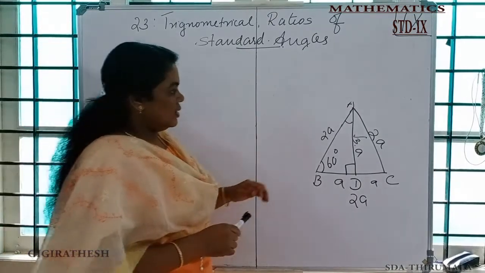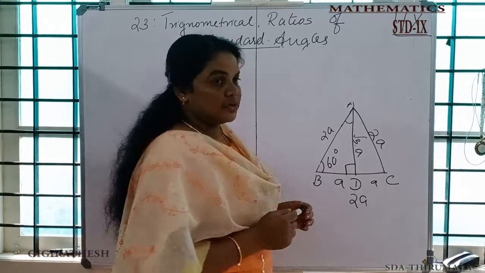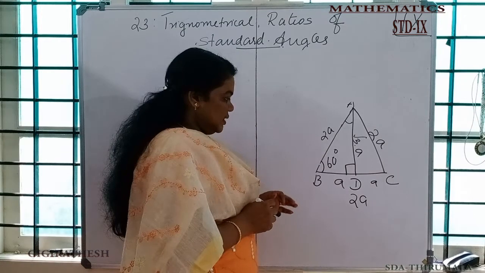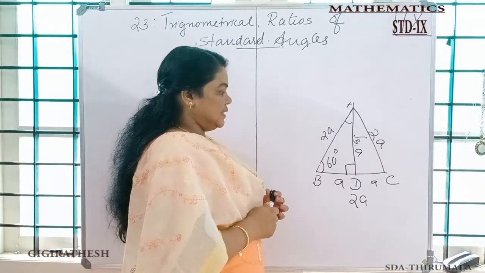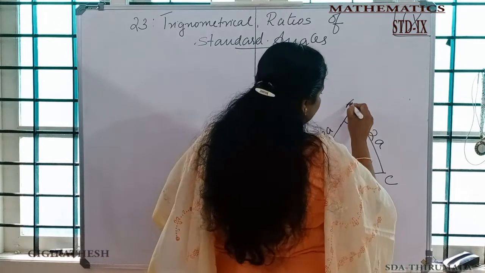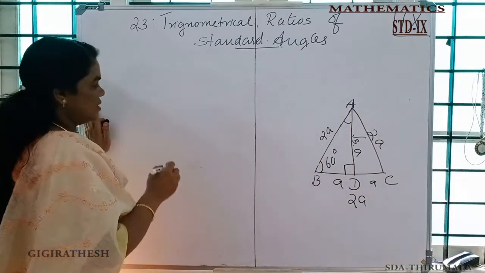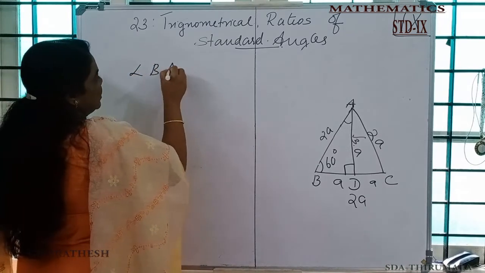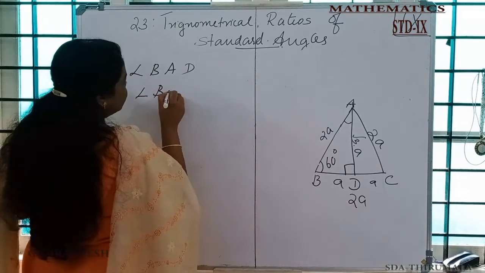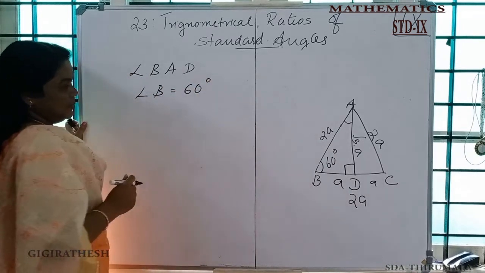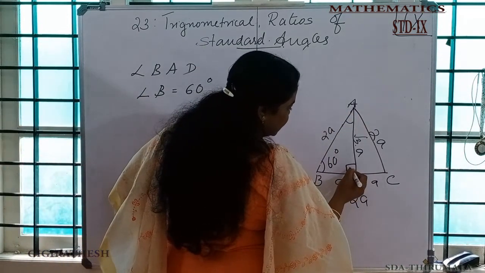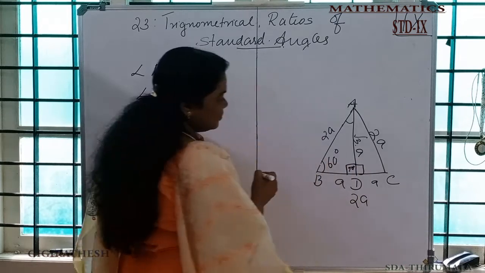Since each angle of an equilateral triangle is equal to 60 degree, what is the value of A, that is angle BAD? Angle B is equal to 60 degree. This is an equilateral triangle and here AD is a perpendicular, so this angle is equal to 90 degree, and here also 90 degree.